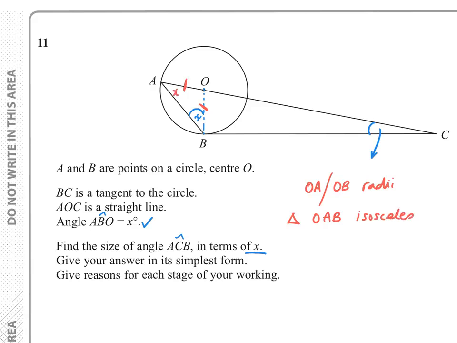So we can say that this angle is therefore x, because base angles of an isosceles triangle are the same. Well, what does that leave this angle to be?